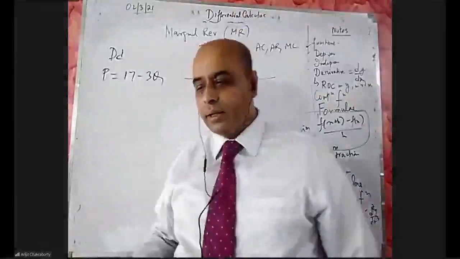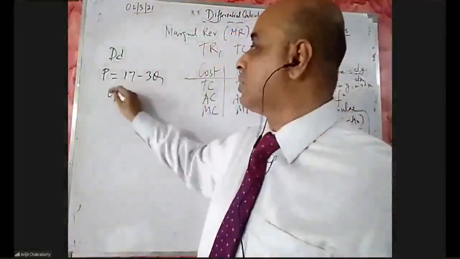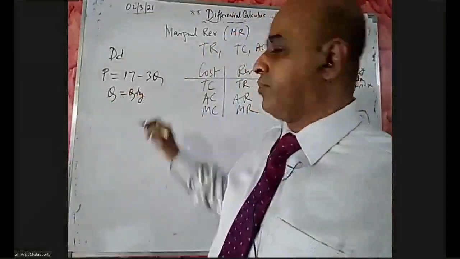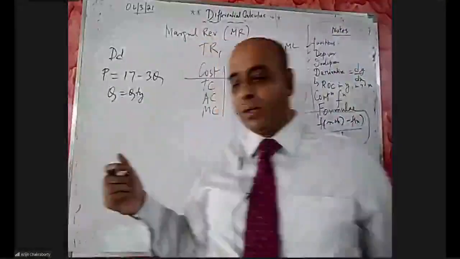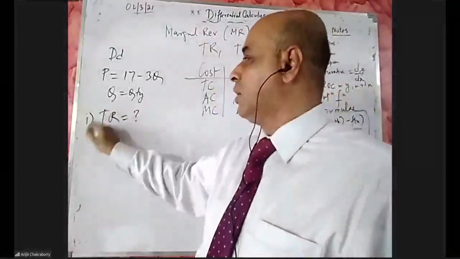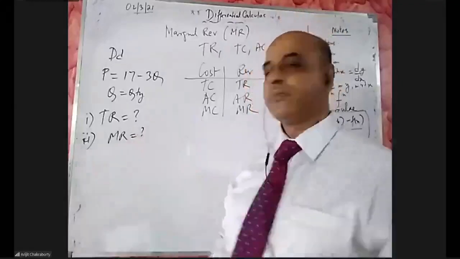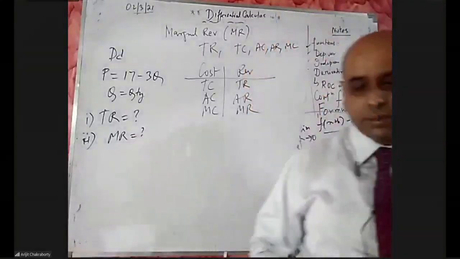This is the demand, where Q is the quantity. We have to find what will be the total revenue, number 1, and what will be the marginal revenue, number 2. Okay, just see the question.